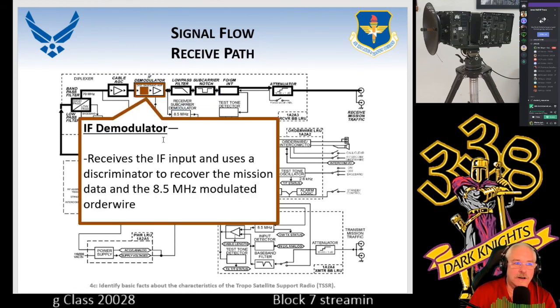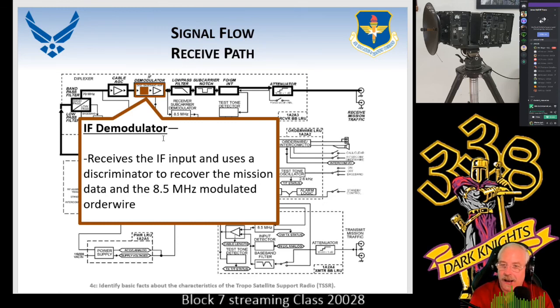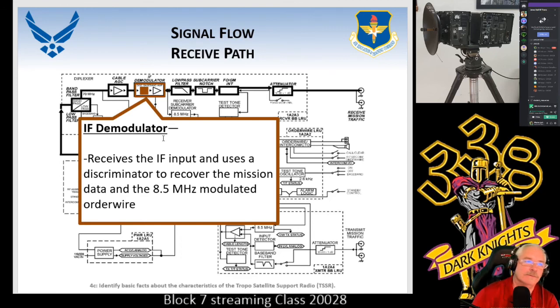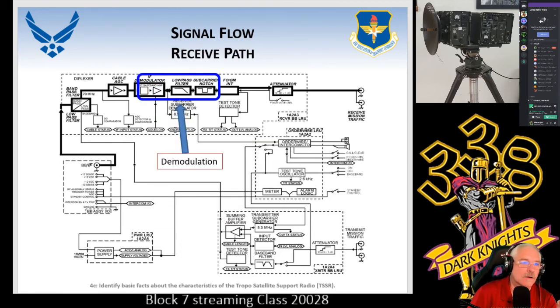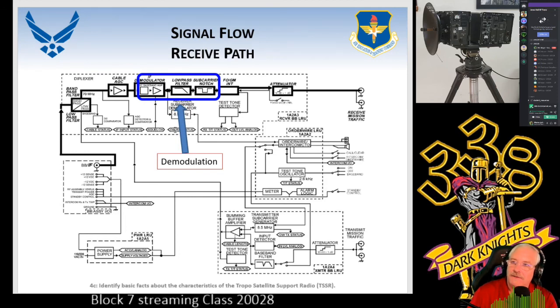So when you look at the IF demodulator, it's going to take the IF and convert it to our aggregate signal. So we cleaned up the 70 megahertz, and now we have the signal that we want. Well, sort of. And the reason why this is all encompassing is because we only want the mission traffic in our case. We don't want the order wire. So that's the reason why I included a couple other devices for this.